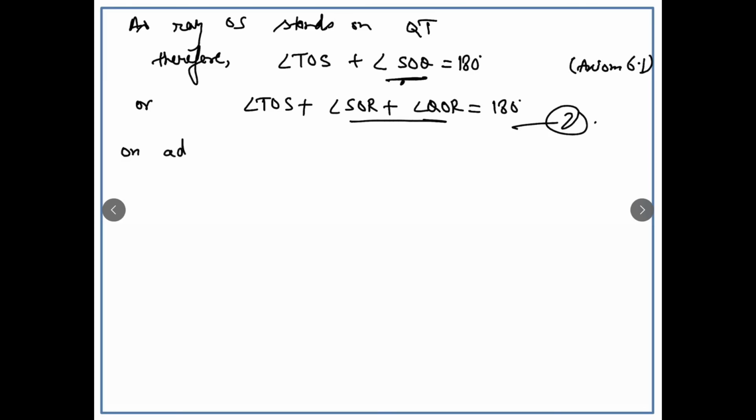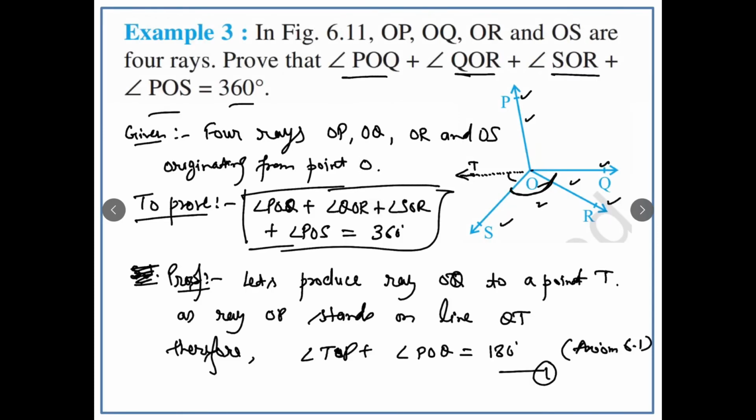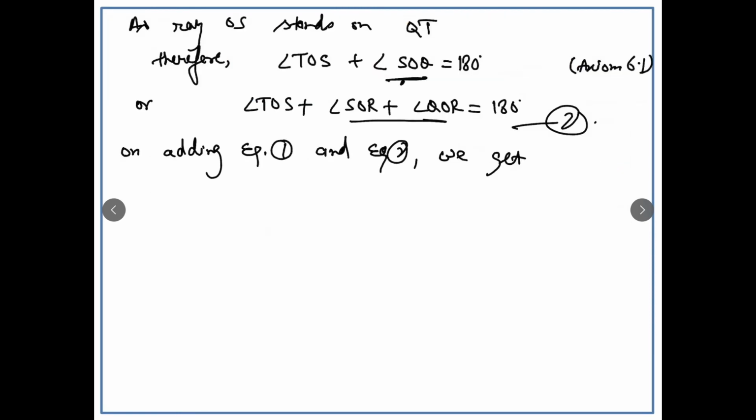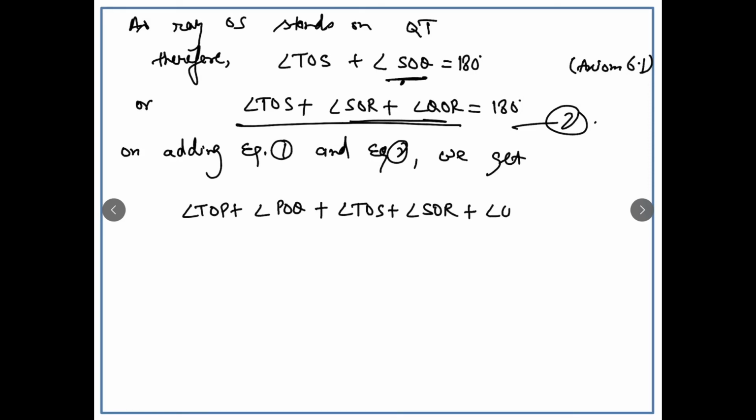So adding equation 1 and equation 2 we get, equation 1 is angle TOP plus angle POQ, plus, now we'll write these three angles, angle TOS plus angle SOR plus angle QOR.